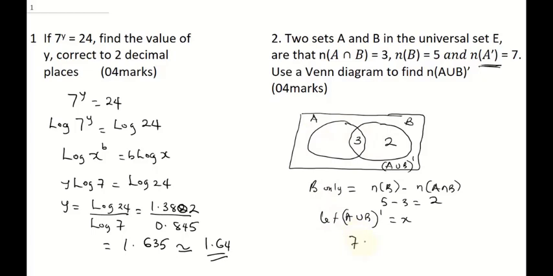So 7 is equal to X, which is also here, plus the elements that can be found in B, that's 2. Therefore, X will be 7 minus 2, which will give us what? 5. So that means our A union B complement is equal to X, which is equal to 5.